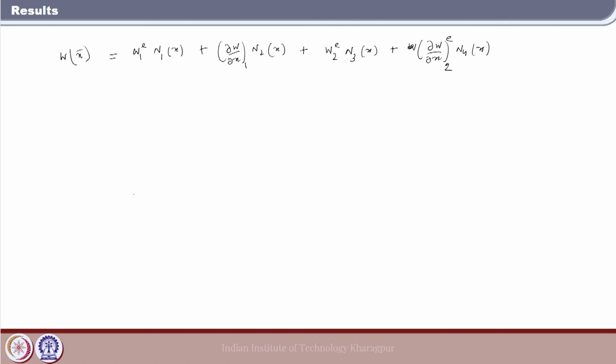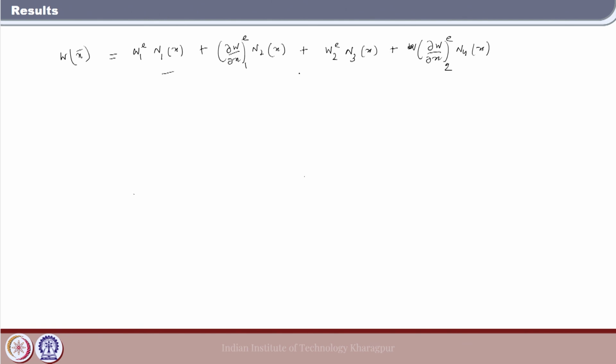Now, you should try a little bit and you can eliminate this A 0, A 1, A 2 and A 3 in terms of W 1 and del W del x. I forgot, for element e of course, W 2 and del W del x for the second node for the element e with respect to this.